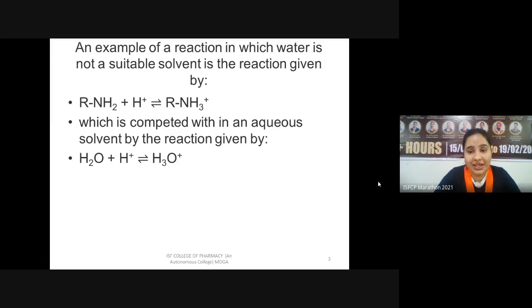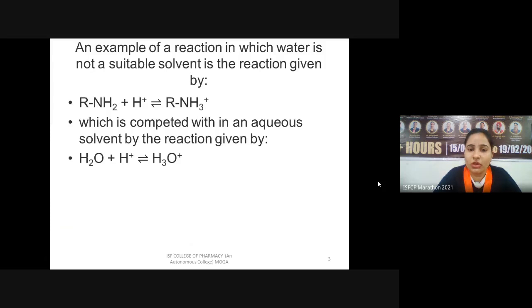So this is a problem in many other reactions also, when the protons or the hydroxyl groups released by the water interact with other compounds and result in undesirable reactions which are not required. This is the reaction which competes in an aqueous solvent.